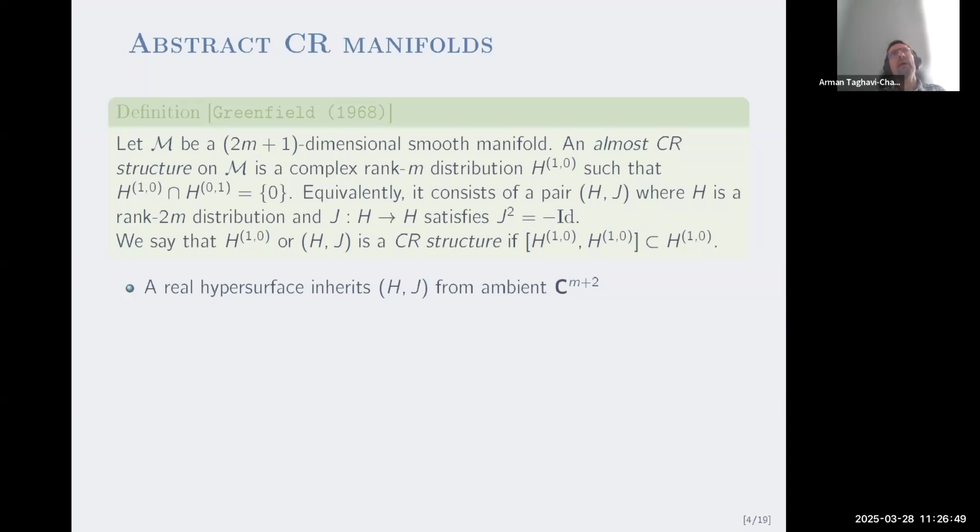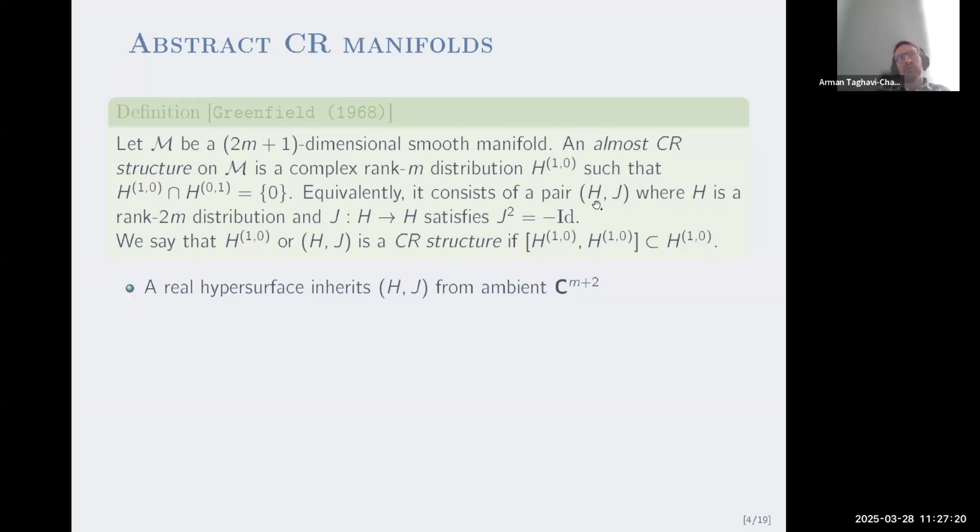This is a complex rank m distribution which intersects its complex conjugate trivially. And if this rank m distribution is involutive, that is, closed under the Lie bracket, then we call our manifold a CR manifold, and the almost CR structure is a CR structure.